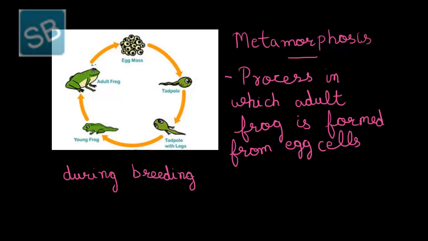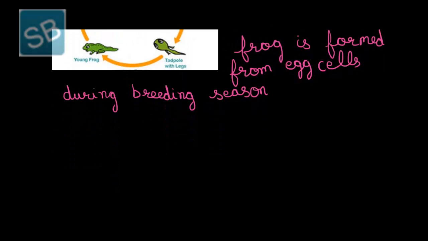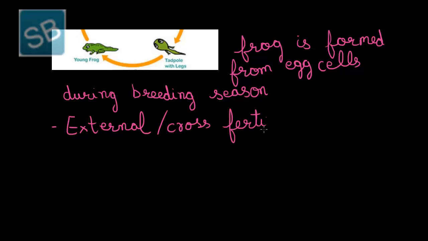Now, the breeding season in frog is basically in monsoon, when it exhibits external or cross-fertilization. The fertilization medium is always water.